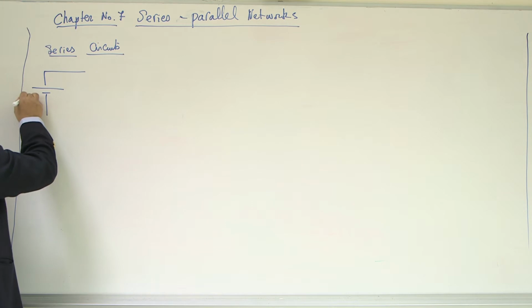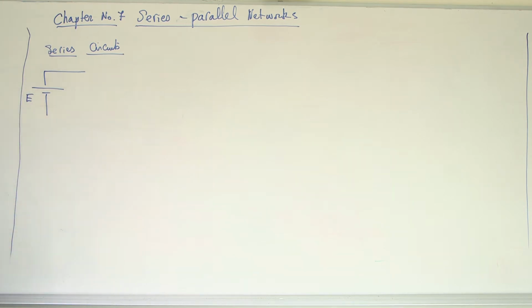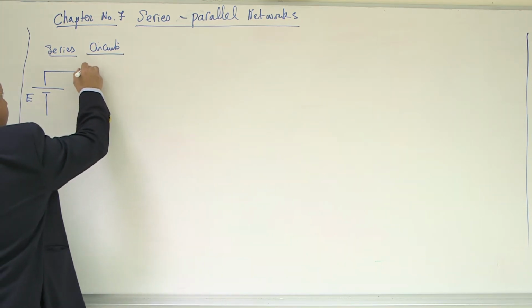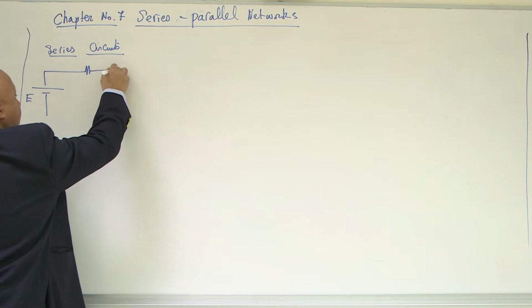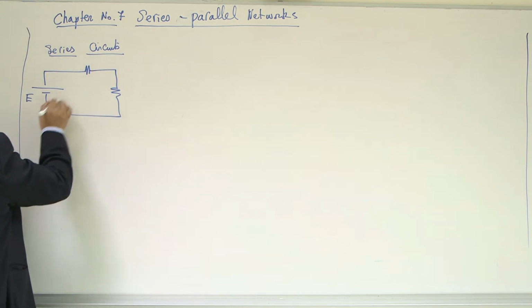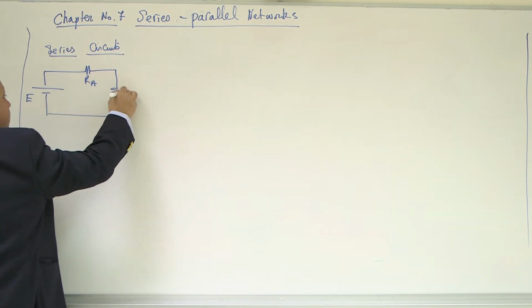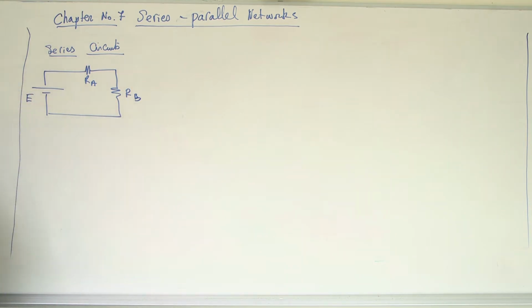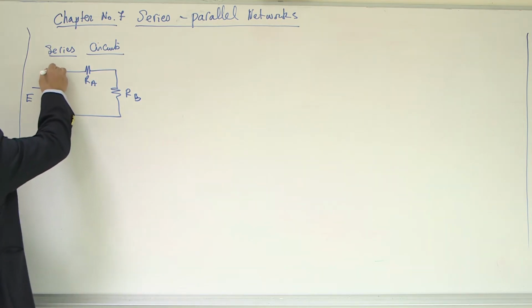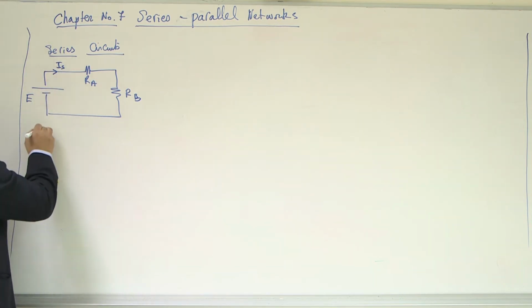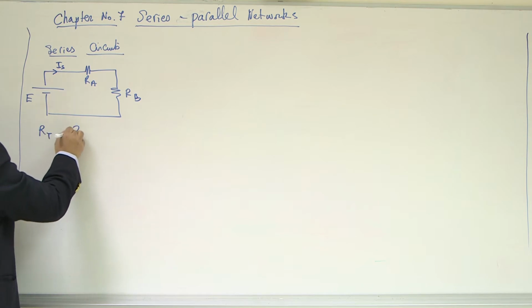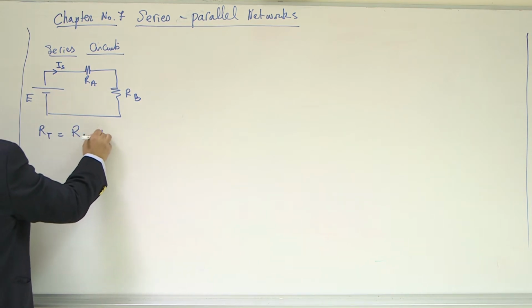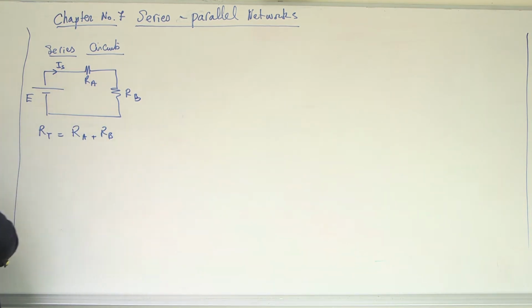You know that you have a power supply with resistances in series. Let's say RA, RB. What you know about this circuit is that this is IS, R total equals RA plus RB.